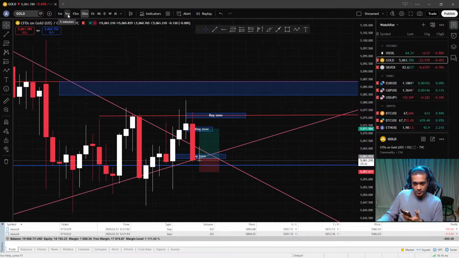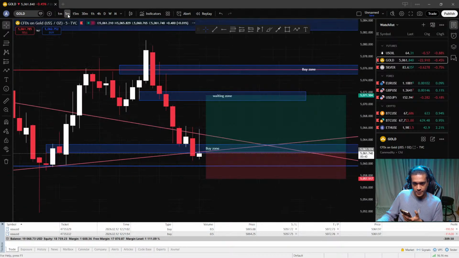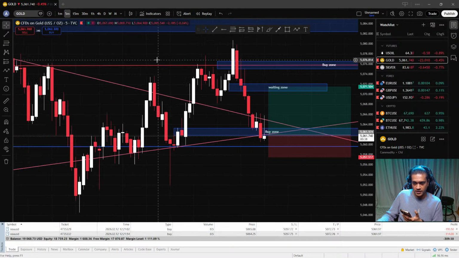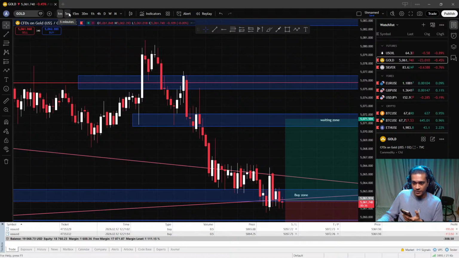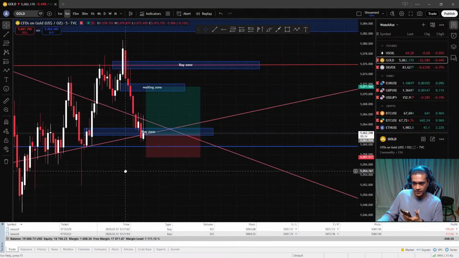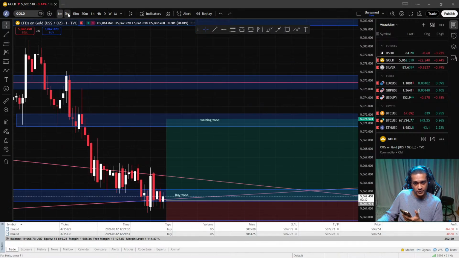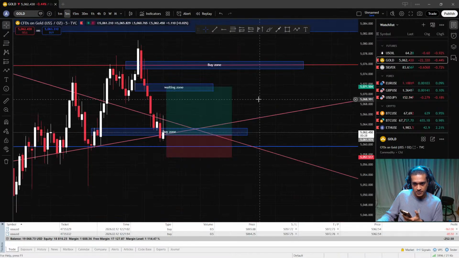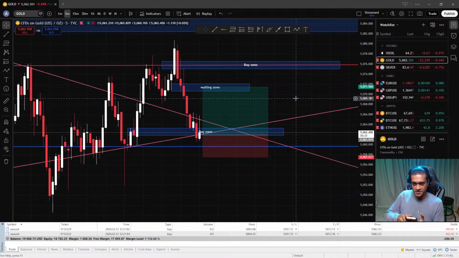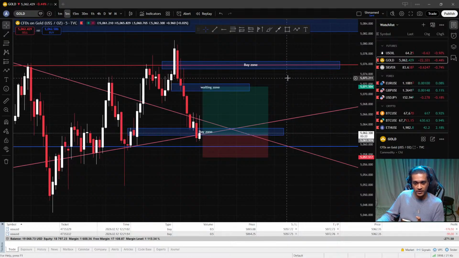Even M30 is so close and already beyond the trend line. So this is quite a high risk setup, personally, given how M1 and M5 are showing to us. Because in this consolidation, it's quite boring that we have to wait for something to happen in a lower time frame.